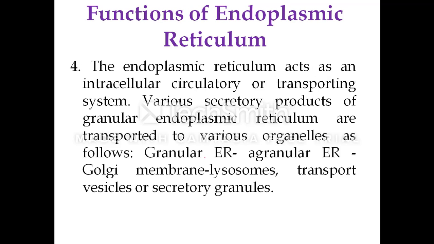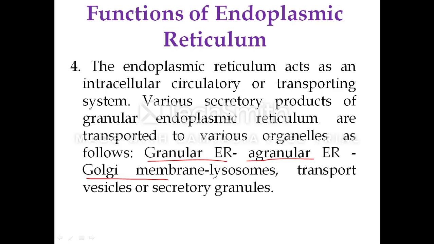The endoplasmic reticulum acts as an intracellular circulatory or transporting system. Various secretory products of granular endoplasmic reticulum are transported to various organelles as follows. First it will be produced in the granular endoplasmic reticulum, then it will move to agranular endoplasmic reticulum, then to the Golgi membrane.